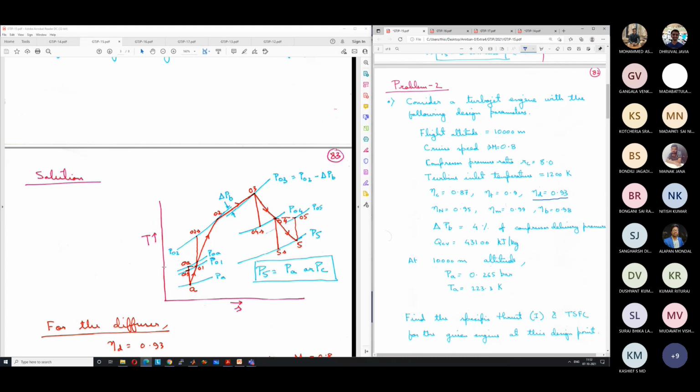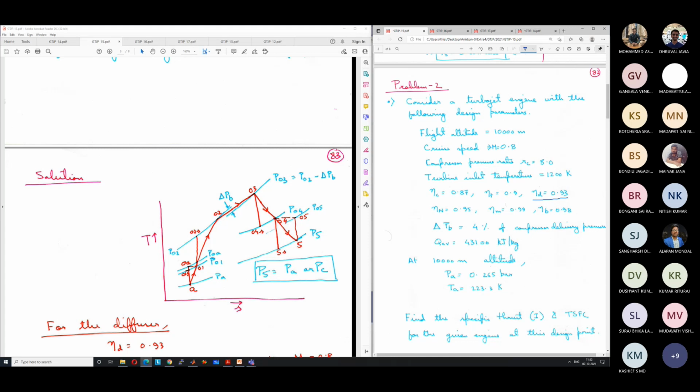Why? Because that is what the first law tells us. Because there is no work input or output and no heat input or output from the diffuser, the first law tells us that energy will remain conserved. So the stagnation enthalpy will remain conserved. So T01 is equal to T0A at the outlet of the diffuser.